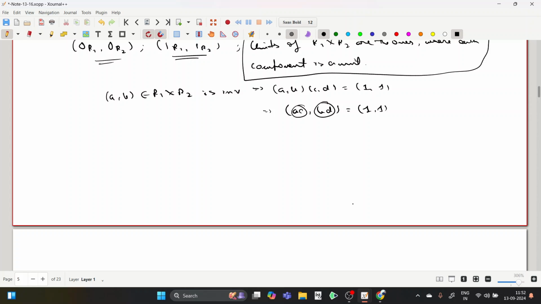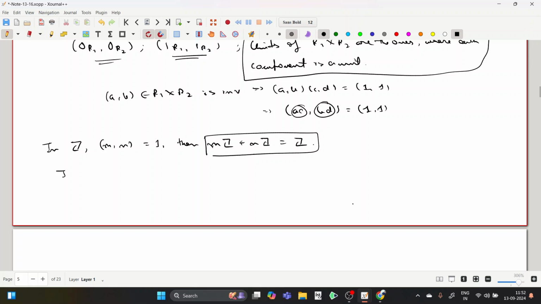If you choose elements m and n in Z to be coprime, then observe that mZ plus nZ must equal Z. If you recall how we defined I plus J for I and J being two ideals, it is just the collection of elements a plus b, where a comes from I and b comes from J. Since we have already studied Euclidean domains, this trivially follows from the Bezout lemma.